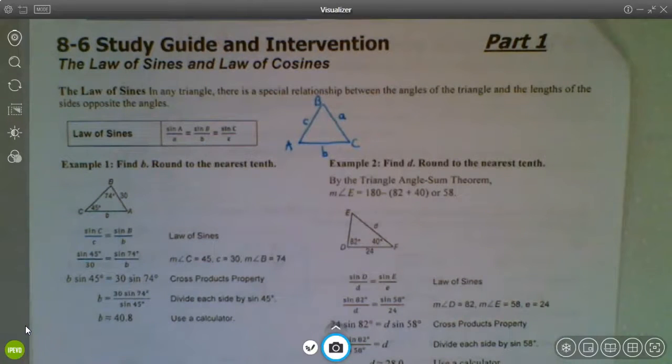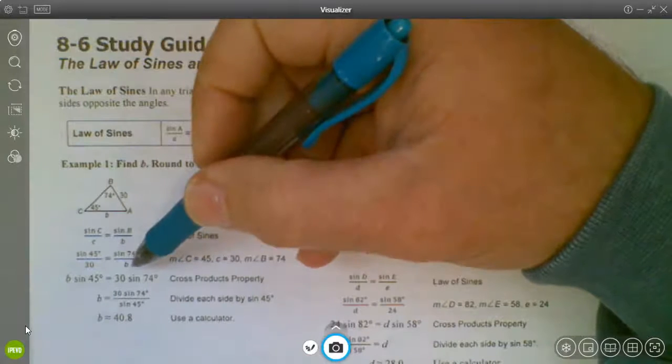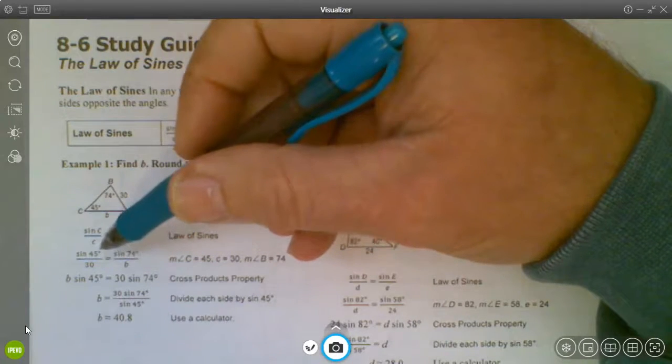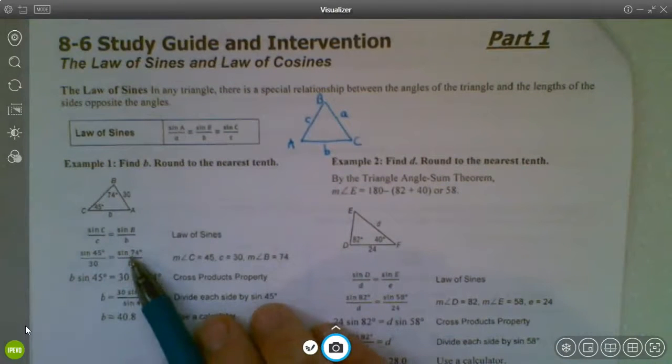The way that you can solve this is the same way that we did in Chapter 7 when we were solving proportions. We cross multiply. So I'm going to do b times sine 45 equals 30 times sine 74.